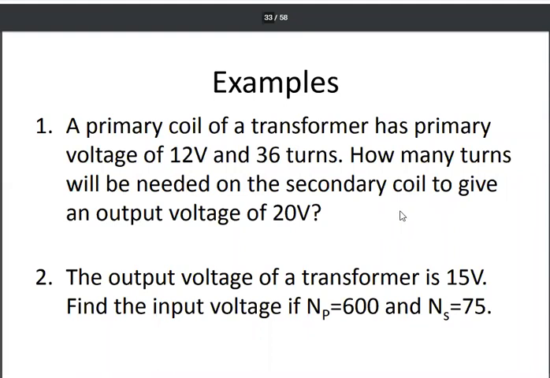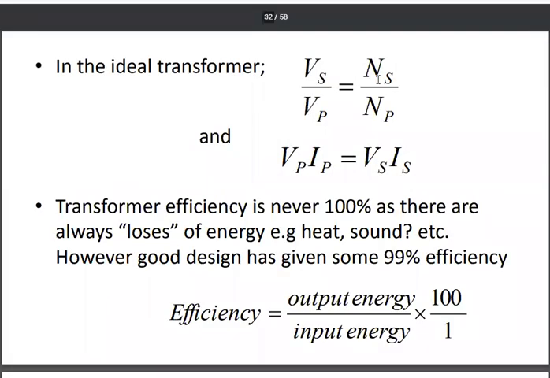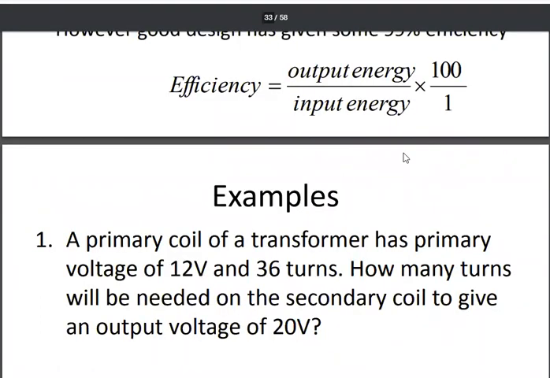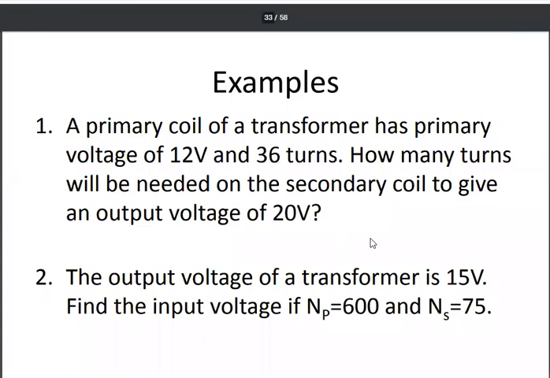So we have to use the relation, this one, Vs upon Vp equal to Ns upon Np. So Vs and Vp are known, Np is also known, Ns is not known. So Ns equal to Vs upon Vp into Np. So you can find out 20 divided by 12 into 36 equal to Ns.